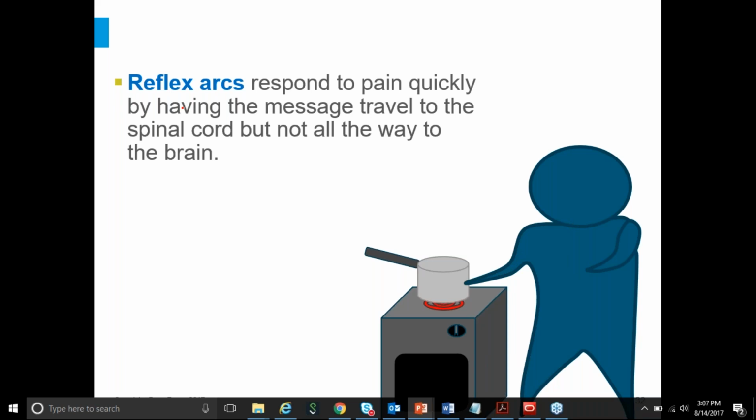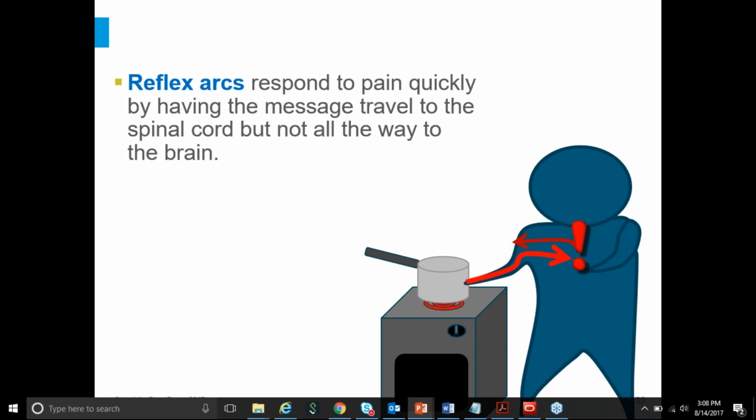So if you touch a very hot pan on the stove, your hand pulls back immediately, and sometimes you may notice your hand started moving before you even noticed the pain. This is because a very strong signal was sent to the spinal cord, and the spinal cord reflexively sent out a signal to move.